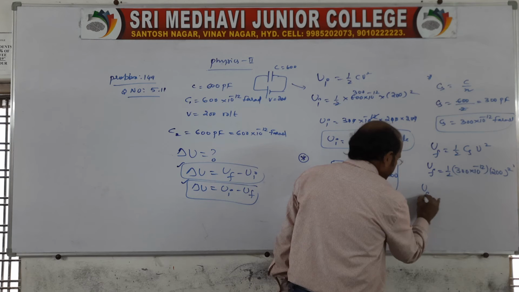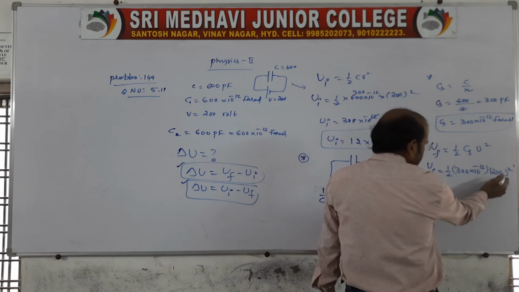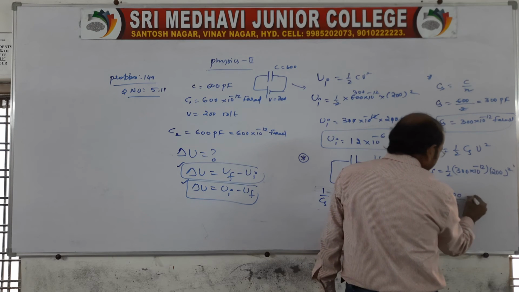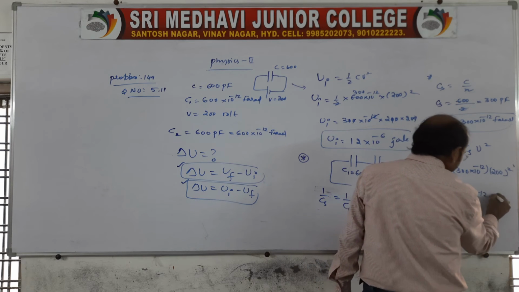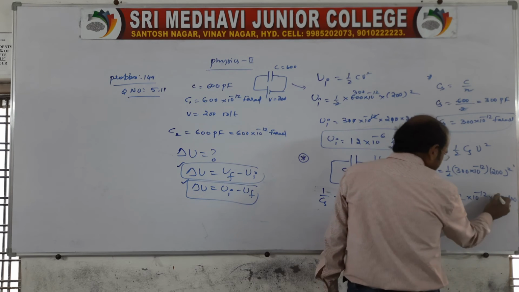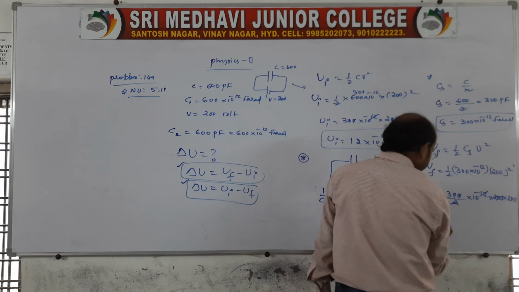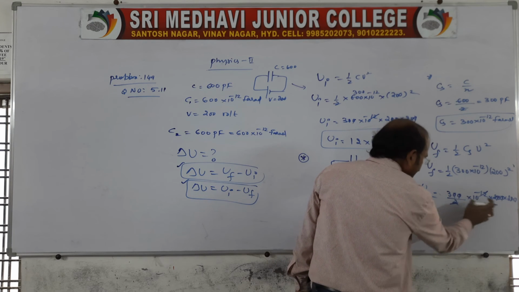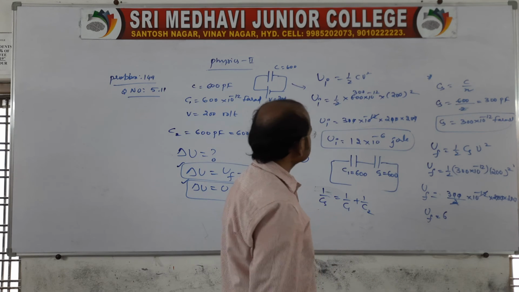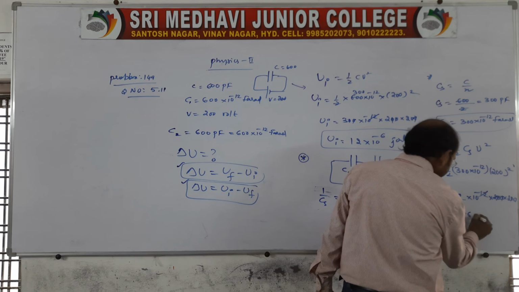Again you take, this will be 1 by 2, or 300 by 2 into 10 power minus 12 into 200, again you take 200. So that 1 2 is cancelled and the zeros are cancelled. U final is equal to 3 into 2, again we will get 6, right. So 6 into 10 power minus 6 joule.